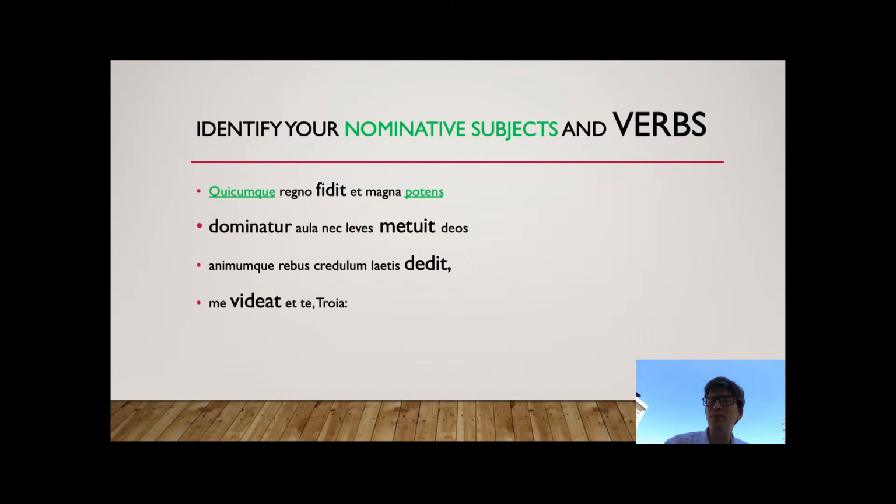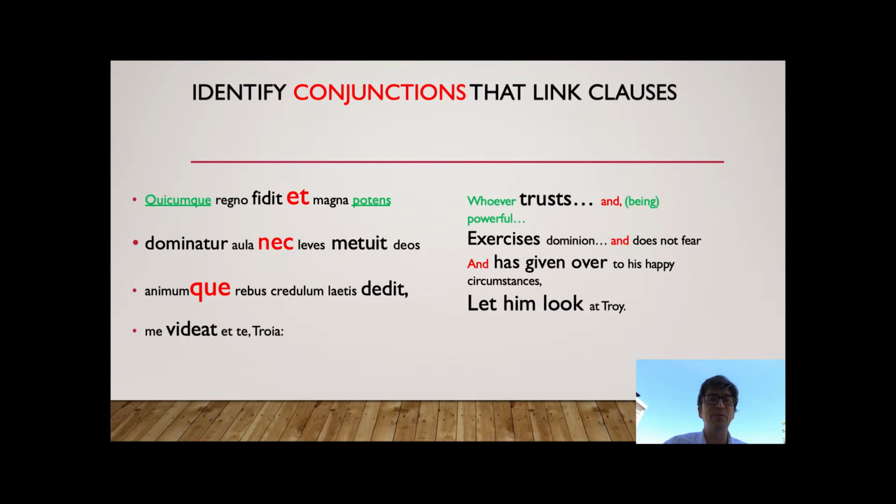So it might be the subject of the verb on the next line, dominator. And so we can begin to provisionally think about at least our first few verbs and begin to get a sense for what's going on here. Whoever trusts and being powerful lords it over something. And now we need to move on a little bit to figure out what it is that he lords it over and find some more information.